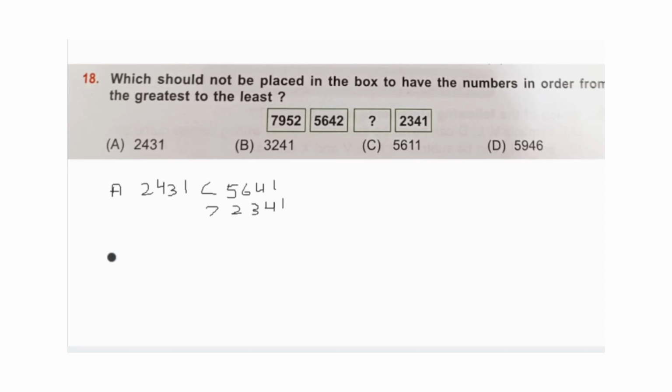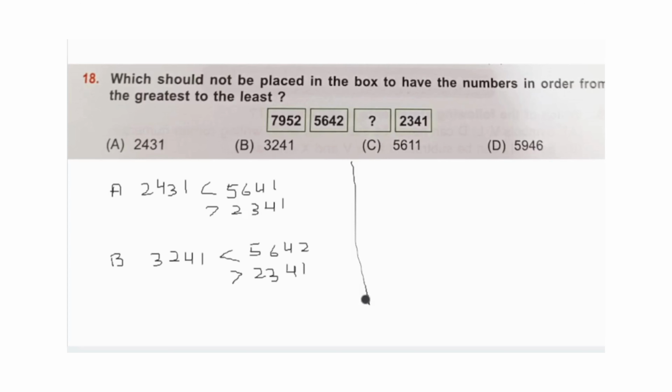Option B is 3241. 3241 is less than 5642 and greater than 2341.